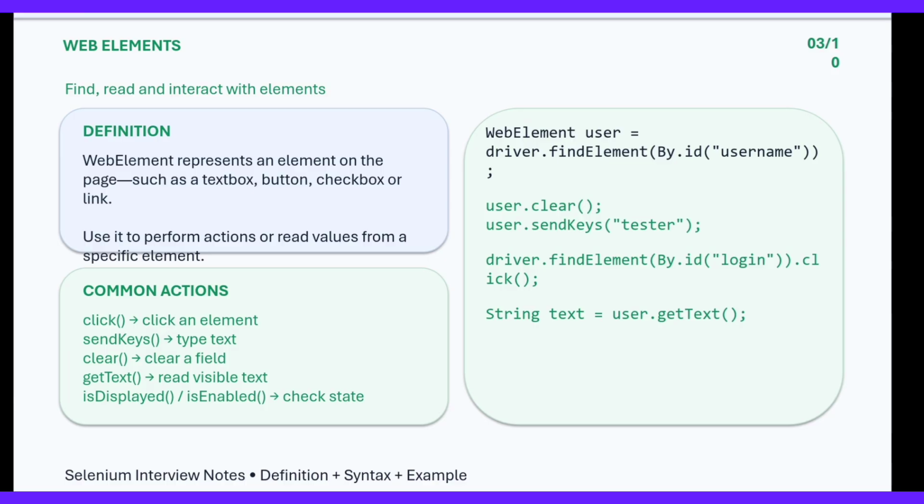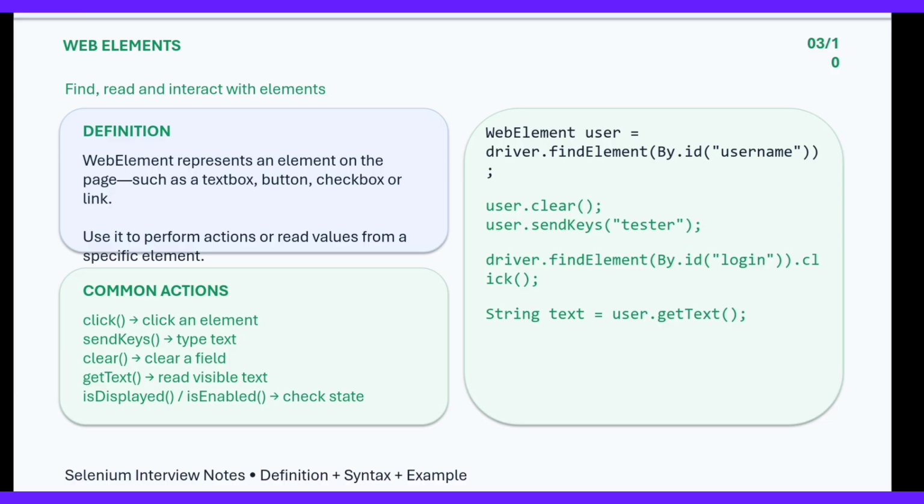We can use click to click a button, sendKeys to enter text, and clear to remove existing text. We can also use methods like getText, isDisplayed, and isEnabled to read information or check the state of an element. So basically, locating the element is the first step, and WebElement gives us the ability to interact with it.